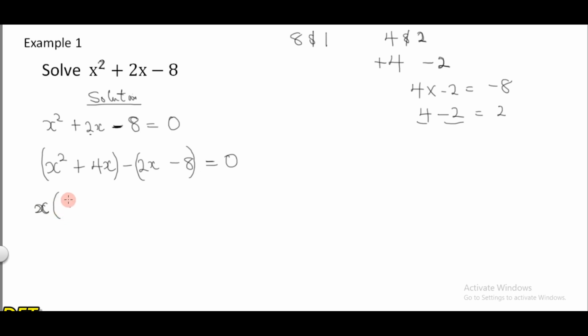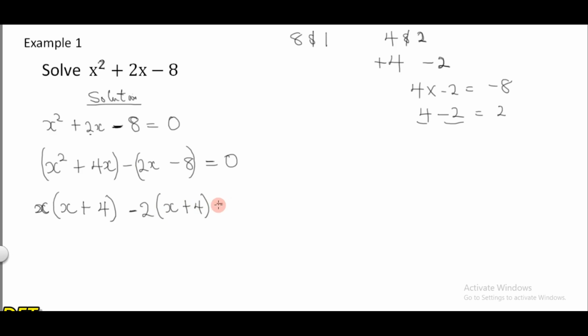I open a bracket: x plus 4. x times x gives x squared, and x times 4 gives 4x, so they are the same. Then minus, what is common here? It is 2. I open a bracket, that will be x plus 4.